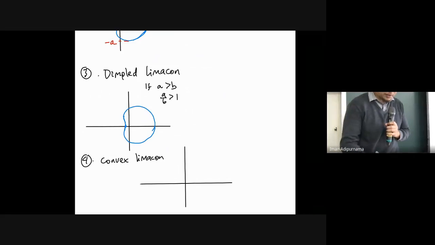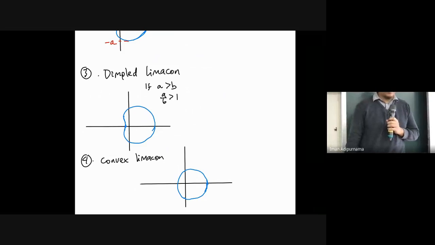It's like a circle, but it's not a circle.